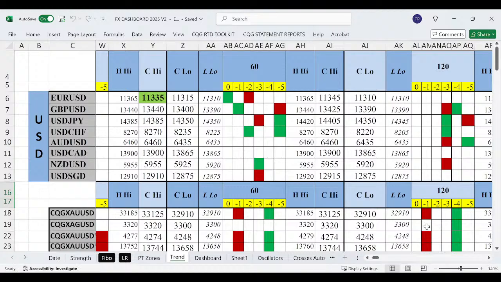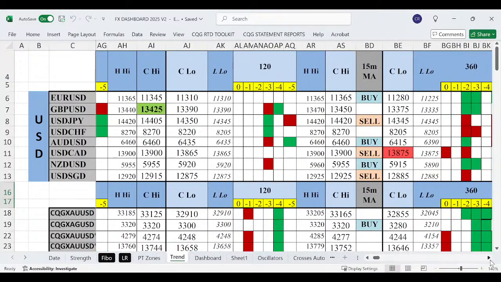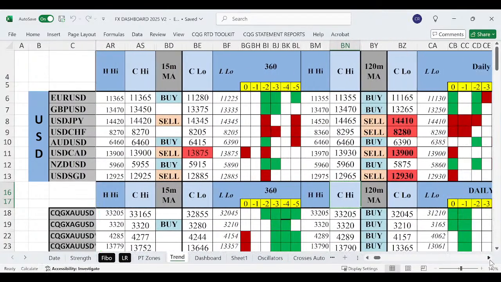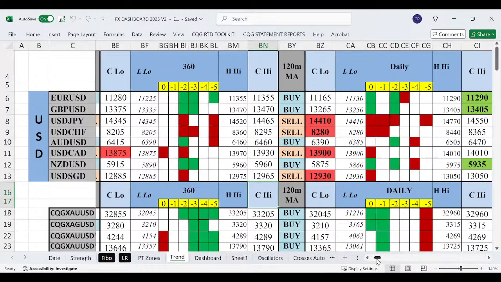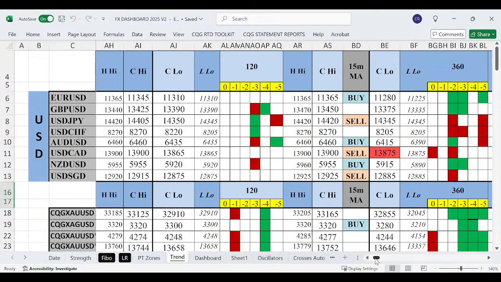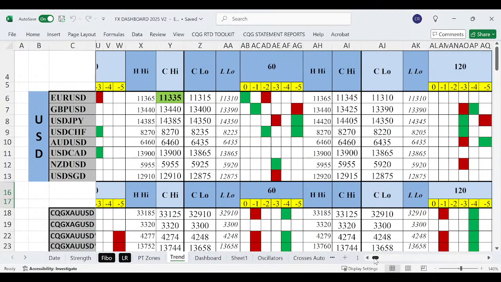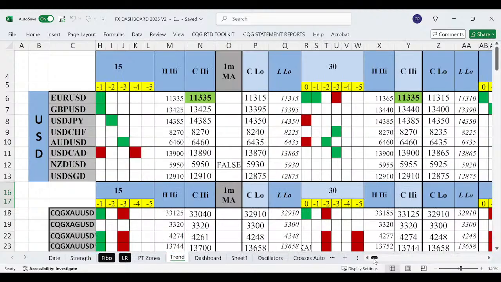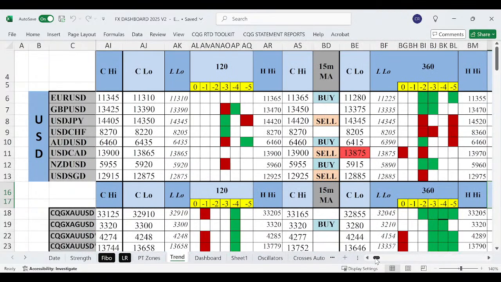Then when we look into gold, gold is also showing strength on the daily. The 60 is flat, and 15 minutes is showing some strength. 15 and 30 is showing some strength, but the market has turned down on the 2 hour chart.